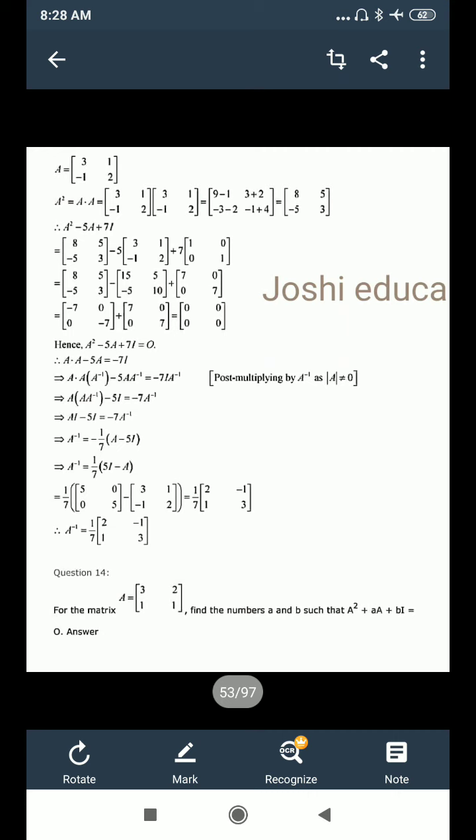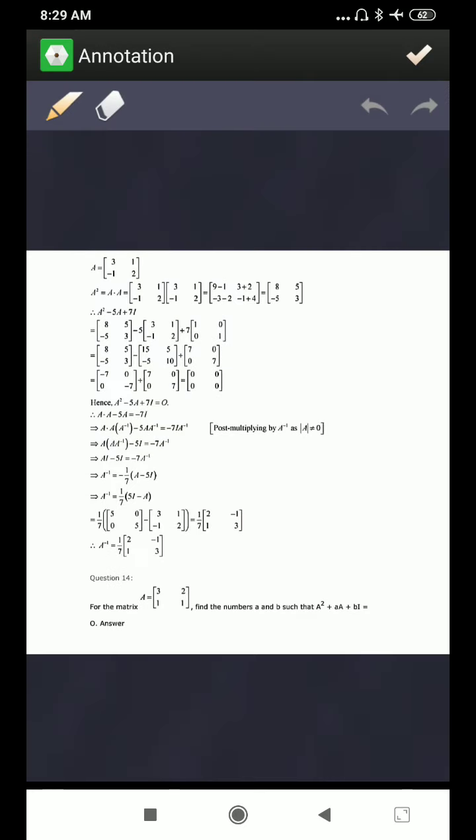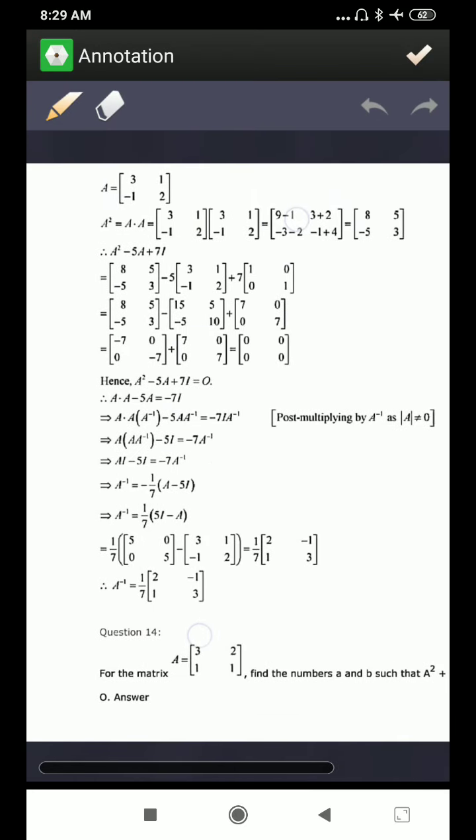In this one particular question, you need not calculate A inverse using adjoint of A. You have to find A inverse using whatever you have proved, like we proved in this question that A square minus 5A plus 7I equals O. Using this expression we'll find A inverse. Hence means first you will prove this, and by utilizing that we'll find A inverse.